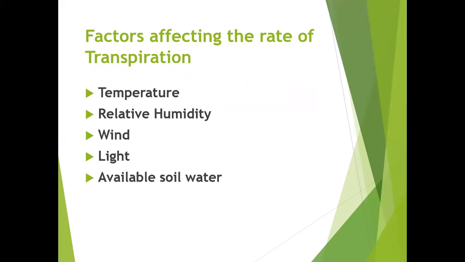The rate of transpiration goes up as the temperature increases. On hot days, water evaporates more quickly from the leaves of a plant than it does on a cold day.